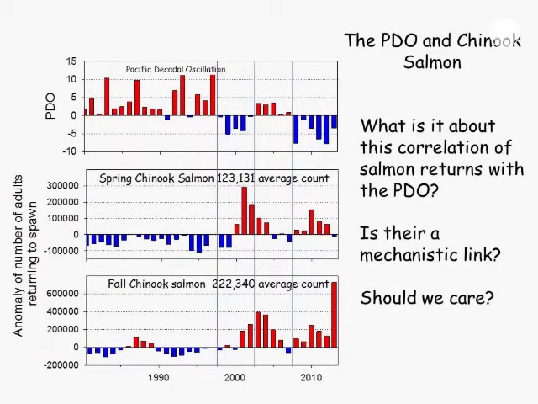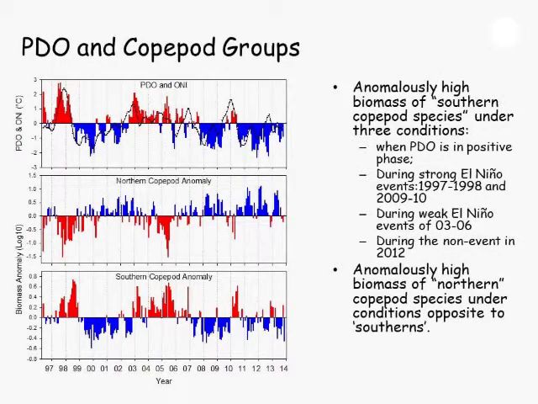So if you look at the PDO, the top panel there, versus the middle panel, which is called the northern copepod anomaly, and the bottom panel, the southern copepod anomaly. So these are the anomalies of the biomass of the northern copepods and the southern copepods. So you can see that when the PDO is in a positive phase, we get negative anomalies of the northern copepods.